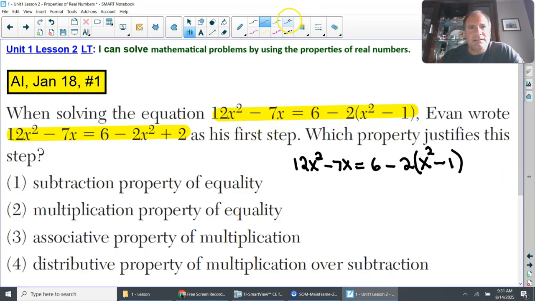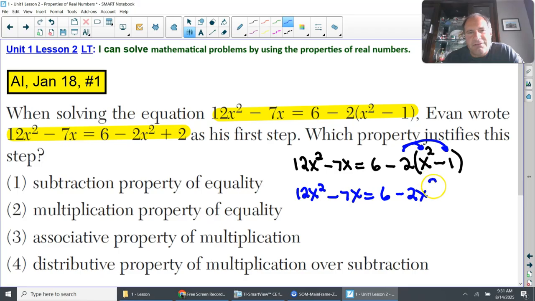Well, let's see. We see parentheses, so I am going to right away do distributive property. So now I'm going to have 12x squared, 7 equals 7x, 6 minus 2x squared, and that's what he has.